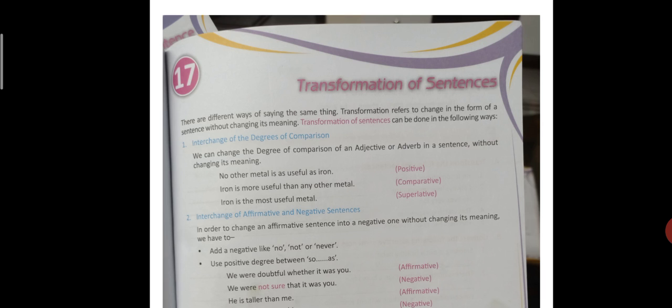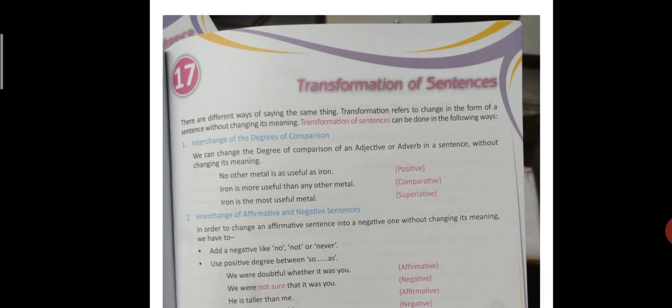It means the change in the form of a sentence, but not changing its meaning. Okay, means the meaning should not change, but the form of the sentence can change. So, transformation of sentences, some of the methods we will be discussing here.